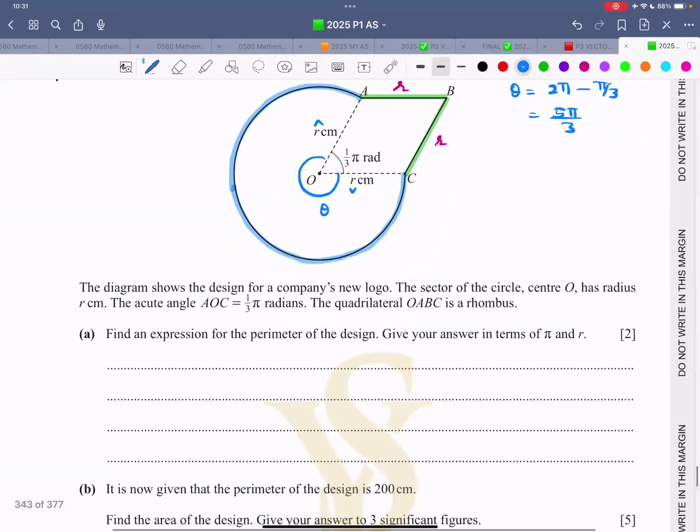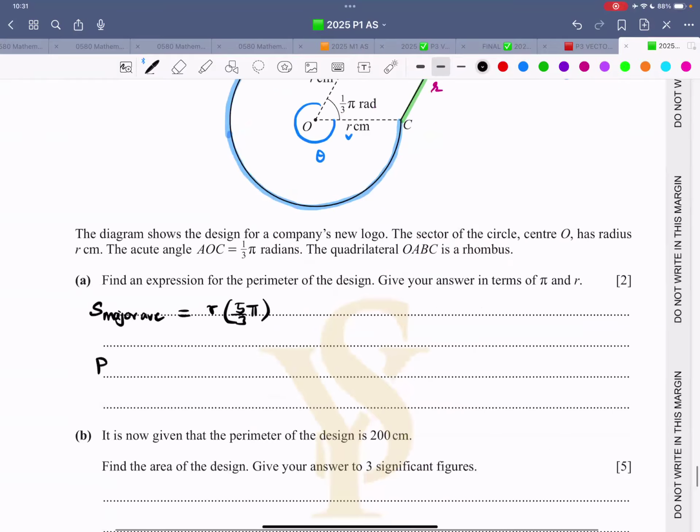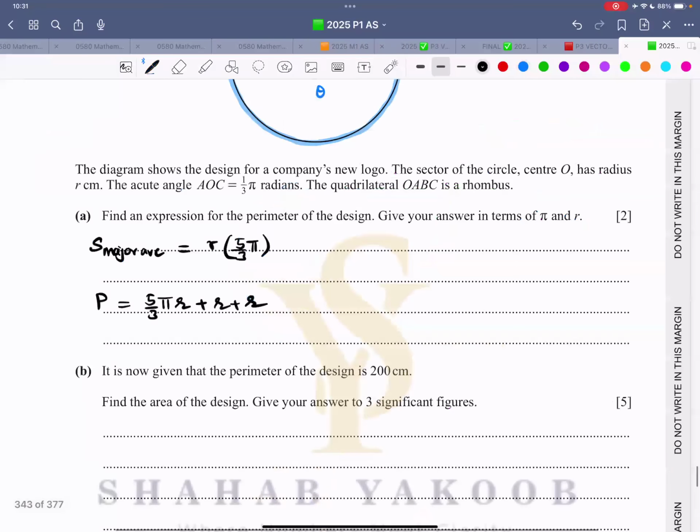The arc length of the major arc is r into 5/3 pi. So perimeter is 5/3 pi r plus 2r. If you want, you can take r common, but there is no need because they did not specify it.